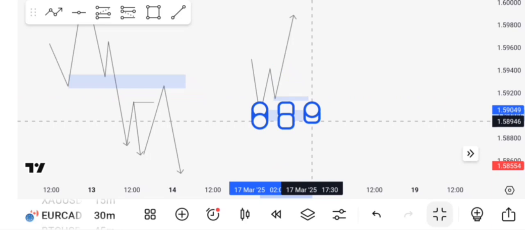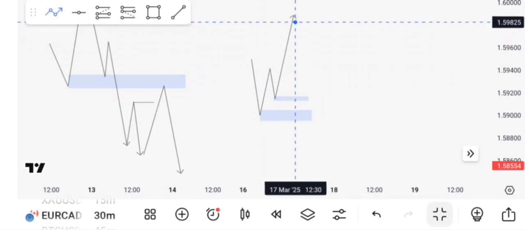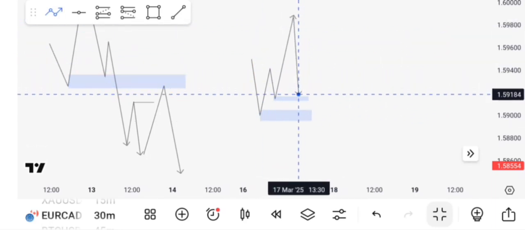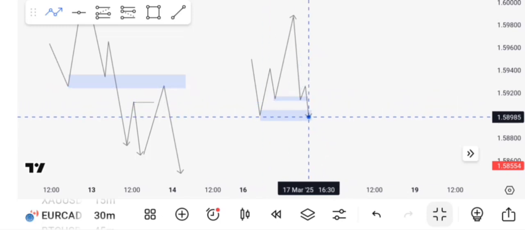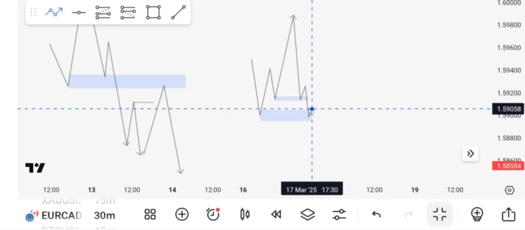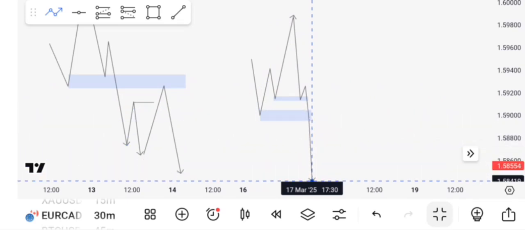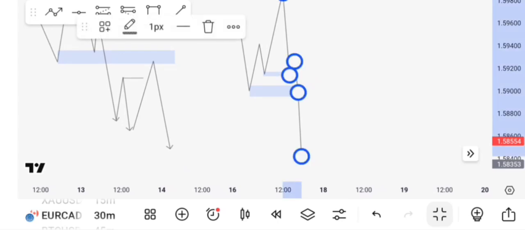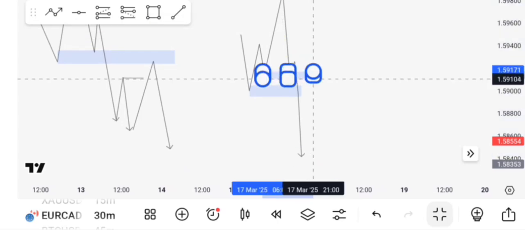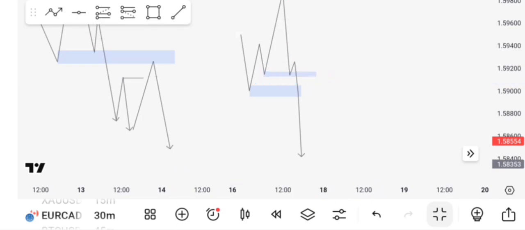If the market came to this one, respected it a little bit, broke it, came back down, respected a little bit, then finally broke out of the two order blocks, then these two order blocks have now turned to breaker blocks. Understand?